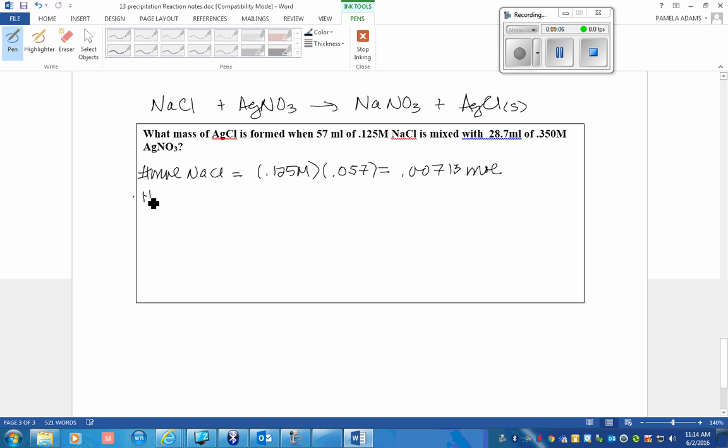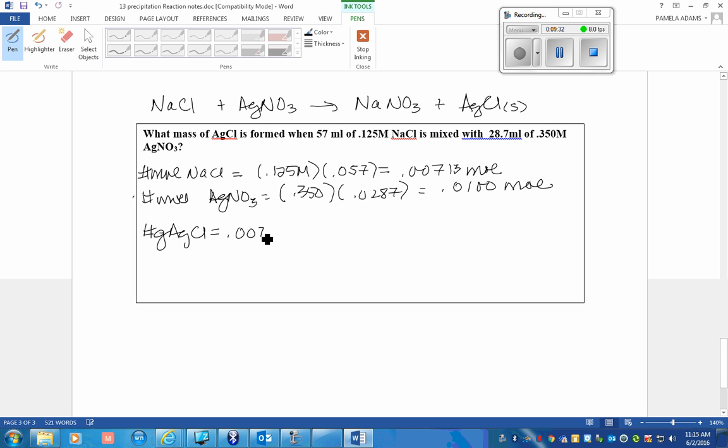The number of moles of silver nitrate is 0.350 molar times its volume, 0.0287 liters, and that is 0.01 moles. So we would like to know the number of grams of silver chloride that are made by each one of them, so we can determine the limiting reactant. Everything has a 1-to-1 stoichiometry.